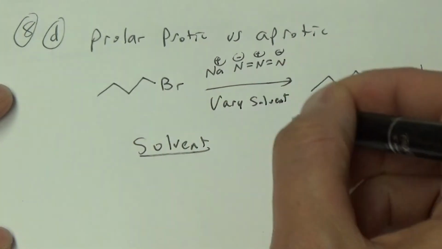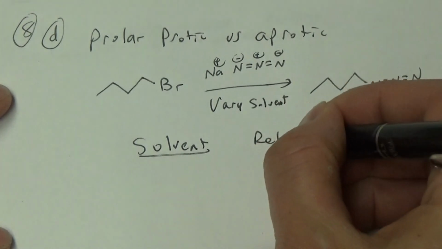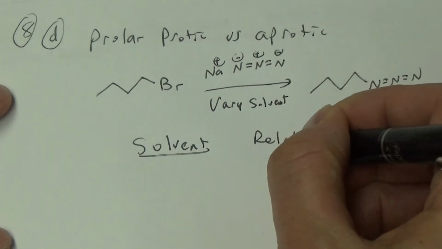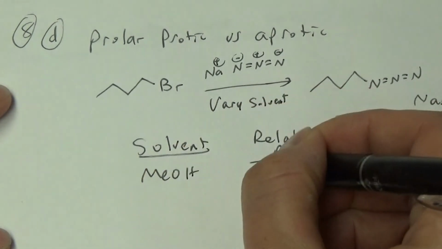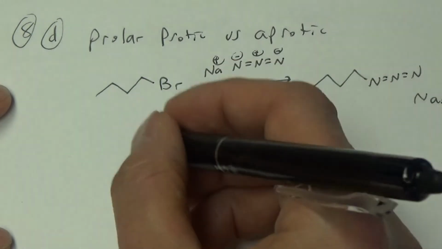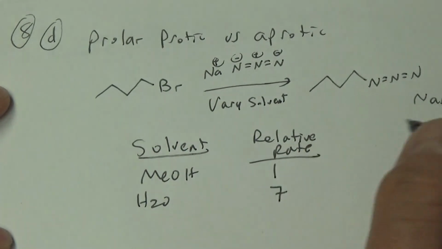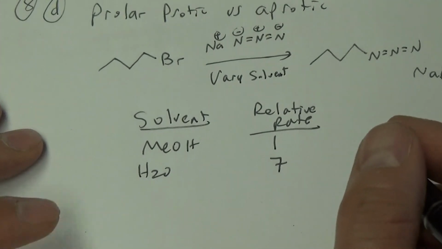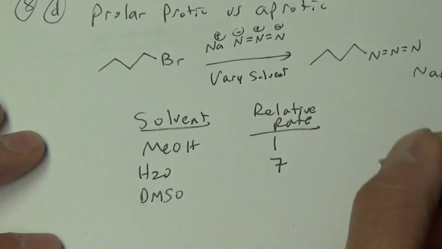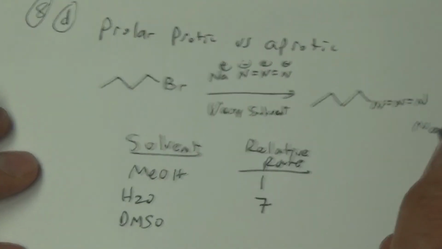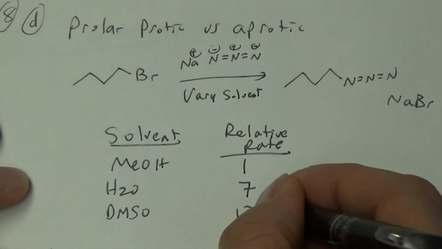Just as a quick example, solvent and relative rate. Methanol was 1. Water, surprisingly to me, is actually a little bit faster. It doesn't totally make sense. DMSO, one of the polar aprotic solvents, is 1300, so a bit faster.